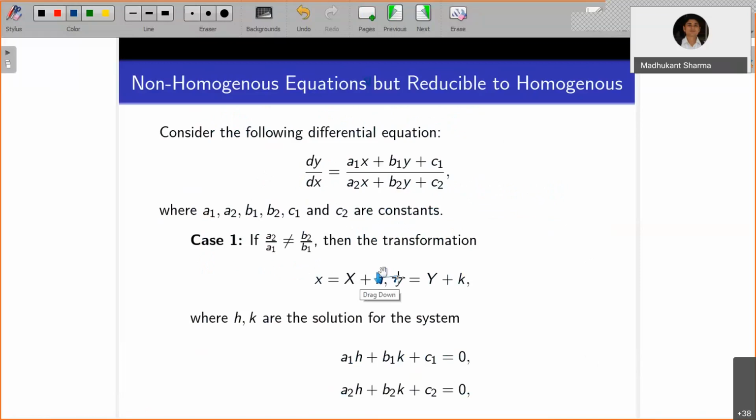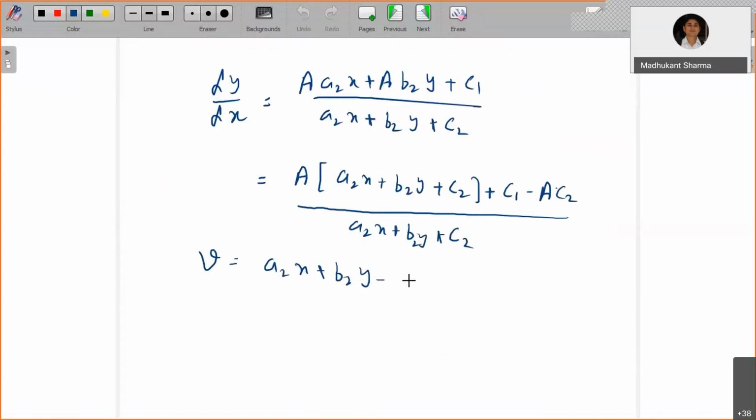You can use this transformation. So this will give you dv by dx equals a2 plus b2 times dy by dx, and you can replace it here.